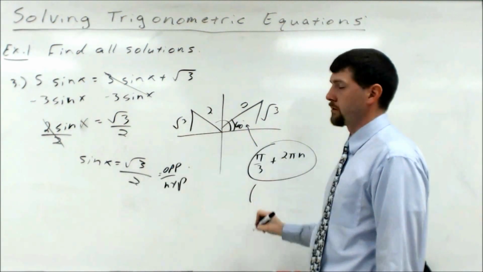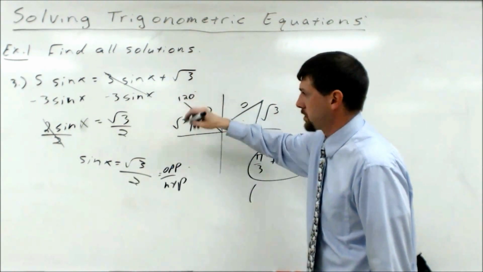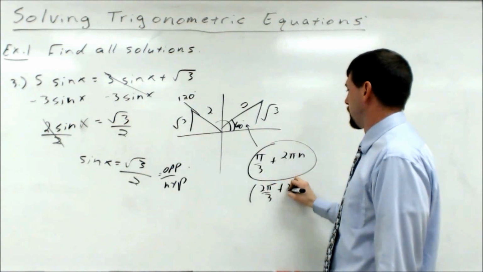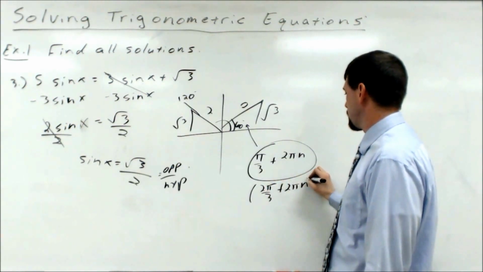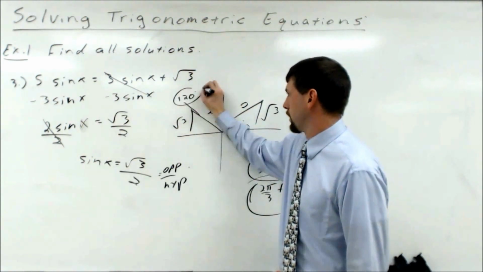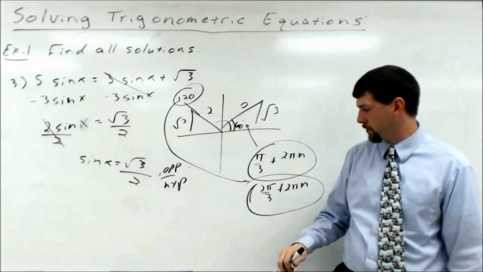would be the supplement of that. Okay, so that's going to have to be 120 degrees, like the first example we worked out. So that's 2 pi over 3 plus 2 pi n. So there's the other solution. 120 degrees is 2 pi over 3. 60 degrees is pi over 3.